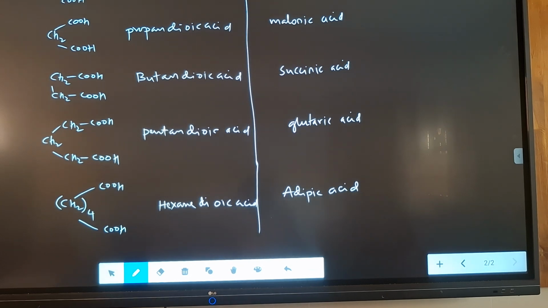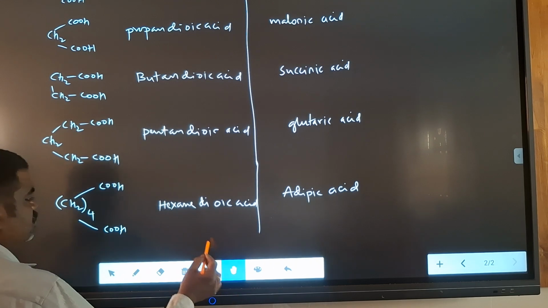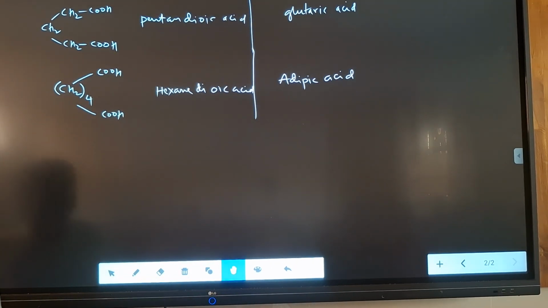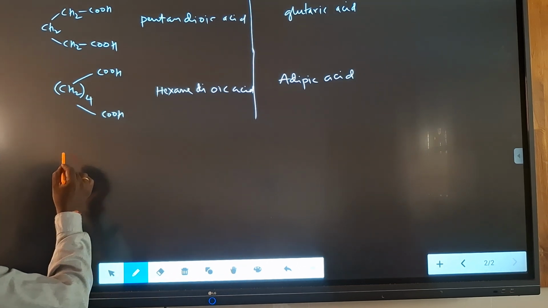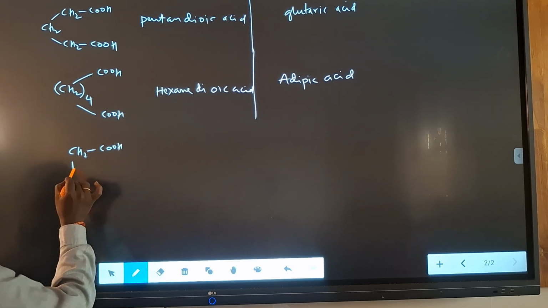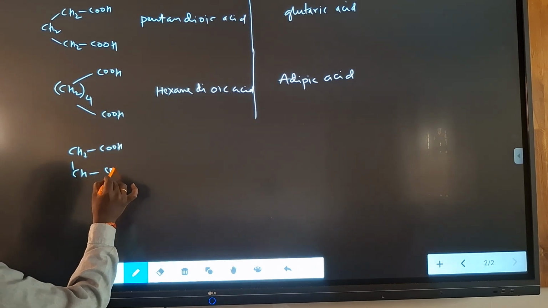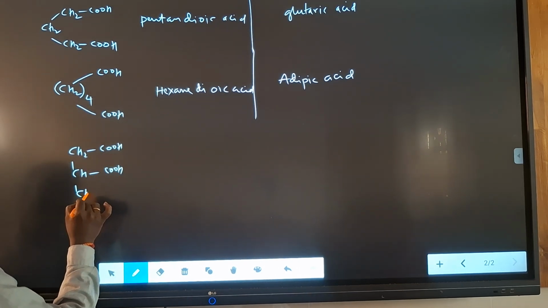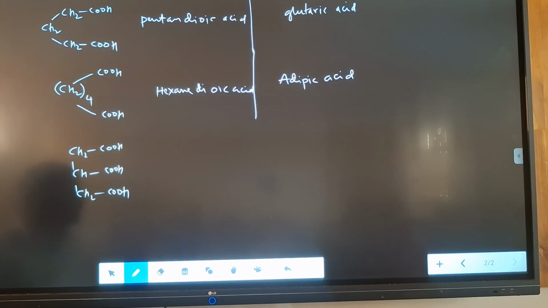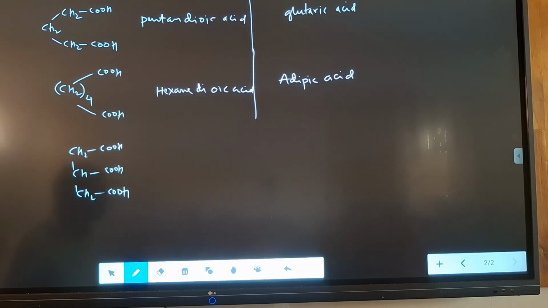Now, the next one. If you observe this, 3 carbons, 2 carboxylic acids completed. Now if you write CH2COOH, CHCOOH and CH2COOH, what is the IUPAC name of the compound?